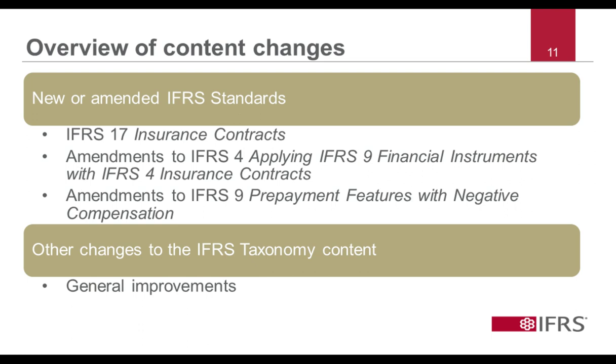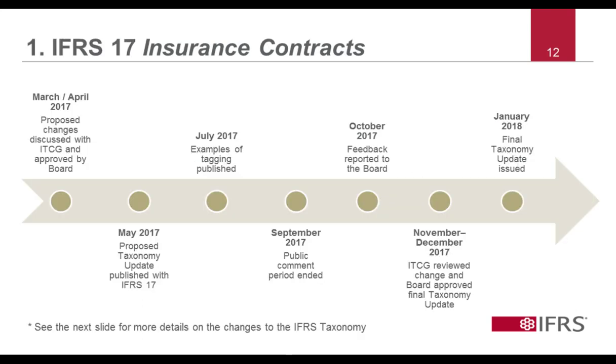In particular, part of the changes reflects elements that allow entities to defer IFRS 9, and there are some additional disclosures related to it. And finally, we're introducing new elements to reflect the amendment to IFRS 9 related to prepayment features with negative compensation. Now, on the next slide, we will focus on each of those changes in a little bit more detail.